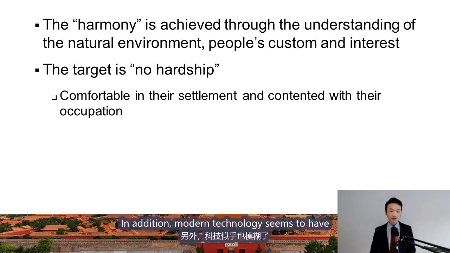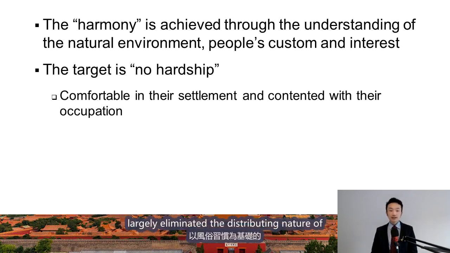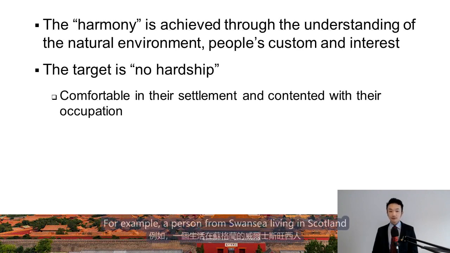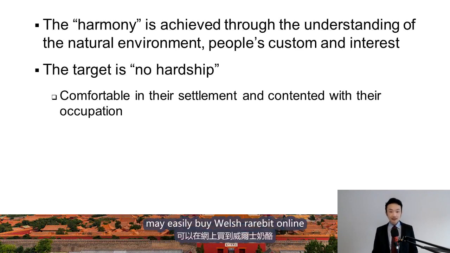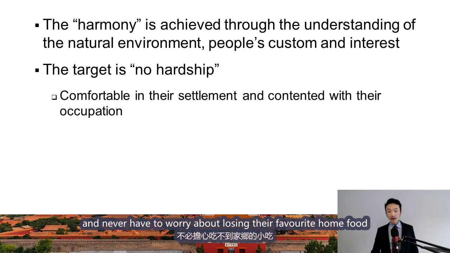In addition, modern technology seems to have largely eliminated the disturbing nature of relocation on people's custom, right? For example, a person from Swansea living in Scotland may easily buy a Welsh rarebit online and never have to worry about losing their favorite home food.